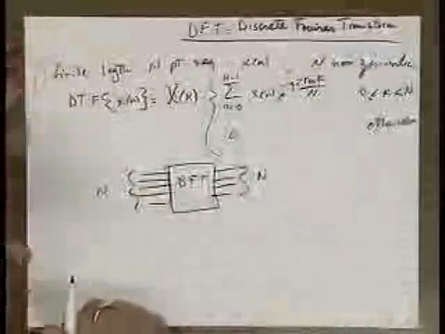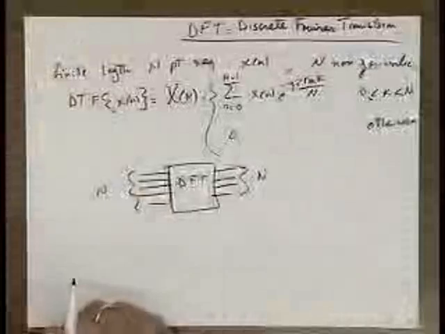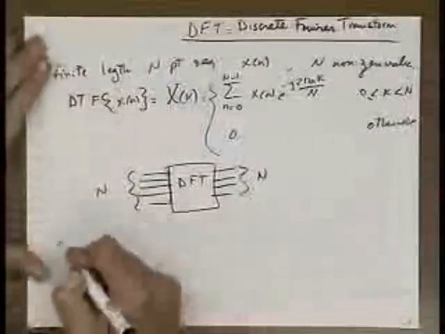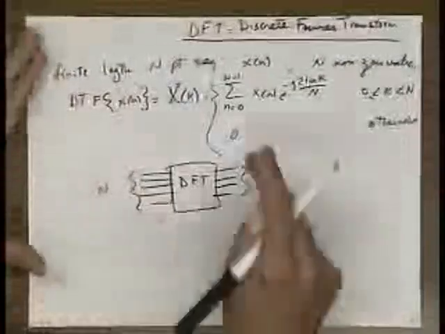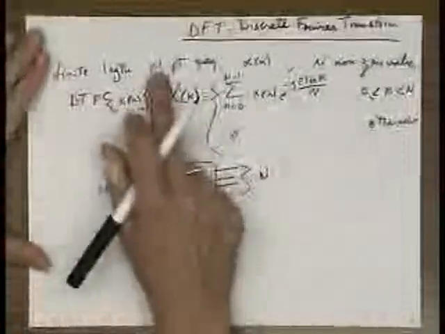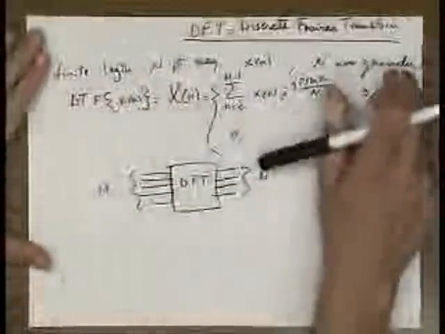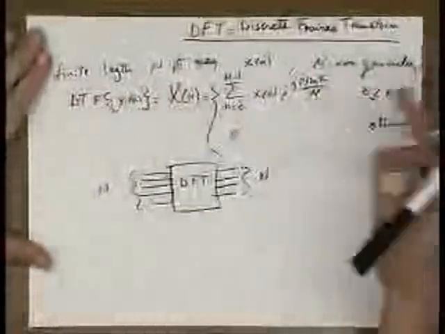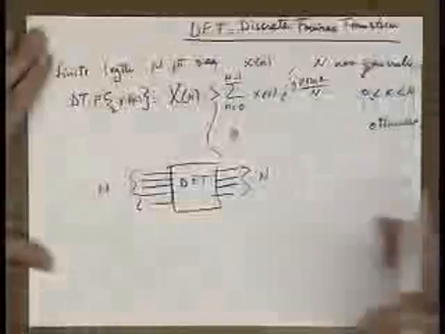Okay. So what I'm proposing in this lecture is that it's possible to start with a finite length N-point sequence with N non-zero values, and it's possible to pad it with a bunch of zeros.